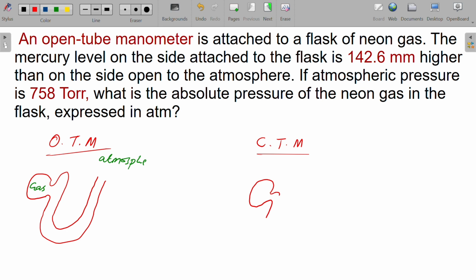The same diagram again. It may look a bit different in my drawing because maybe it's not accurate, but I hope you understand. Here we still have the gas, and then we have the atmosphere there.